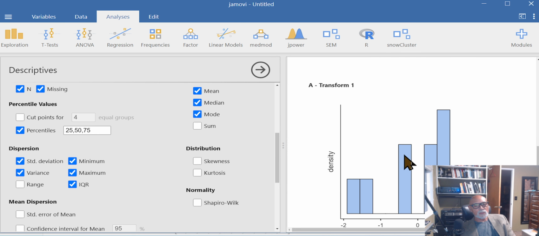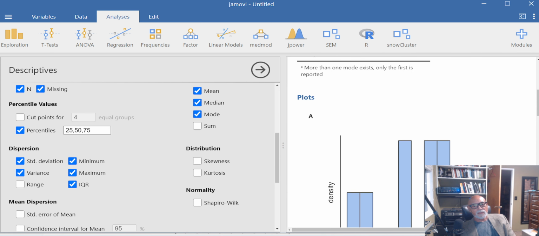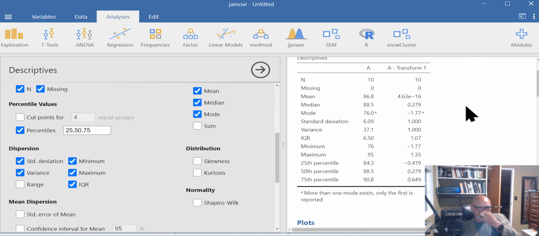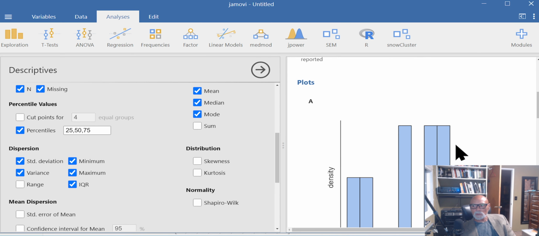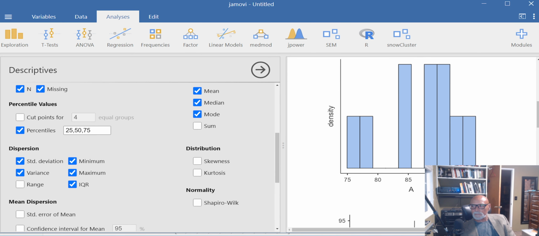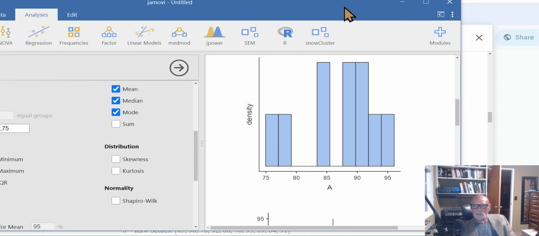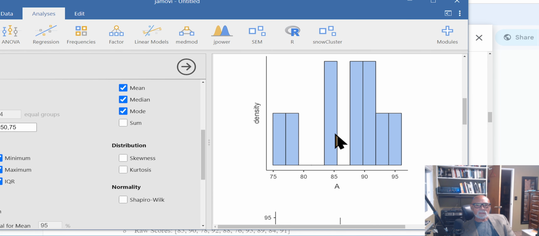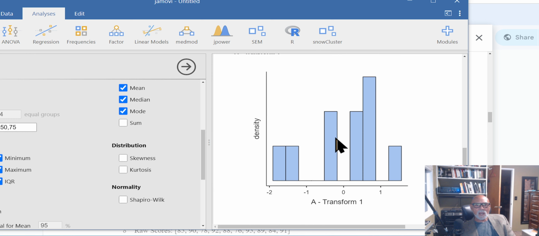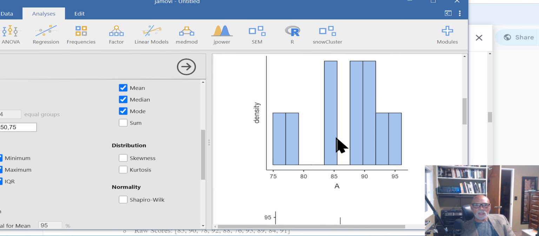And so you see that the shape of the distributions is the same. Let me move this so you can see it. For the raw, it's almost exactly the same.